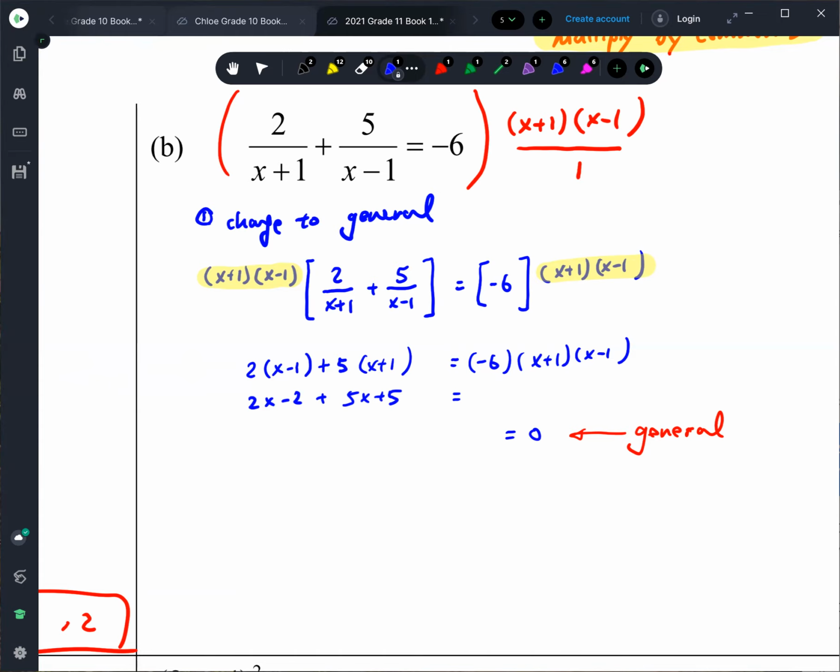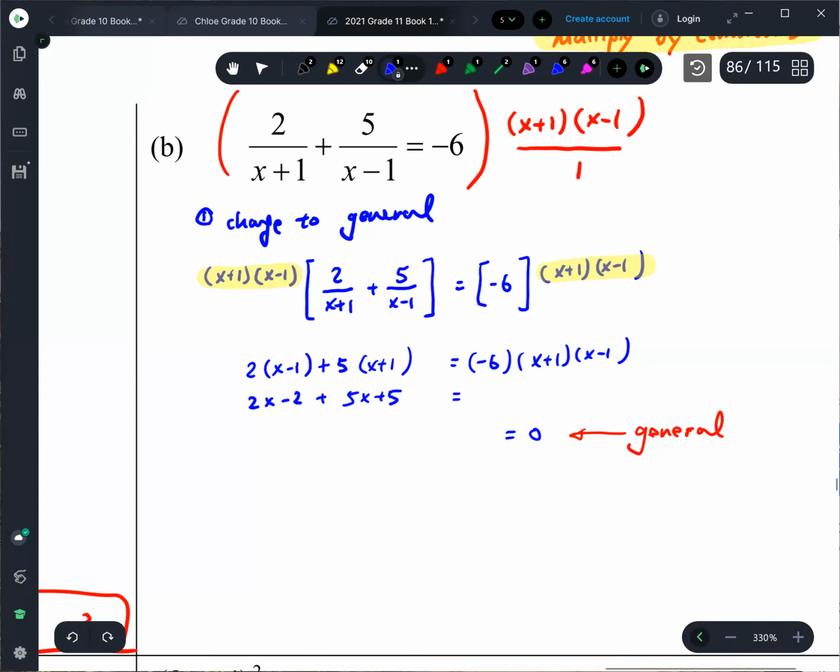Okay, Naomi, do you have the right-hand side? Okay, let me know when you got the right side, okay?